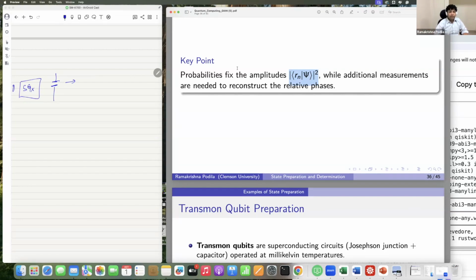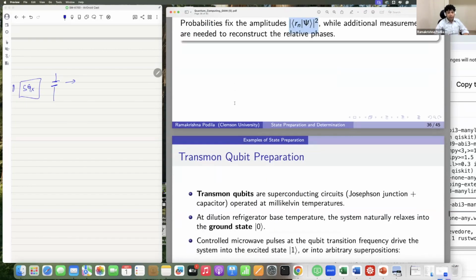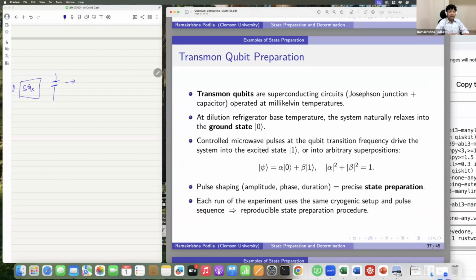So the IBM quantum computer right now uses what is called a transmon qubit, right? This transmon qubit basically is a Josephson junction. A Josephson junction is basically you have two superconducting layers. Let's say you have a superconducting layer, which I'm writing as SC. And then you have another superconducting layer.